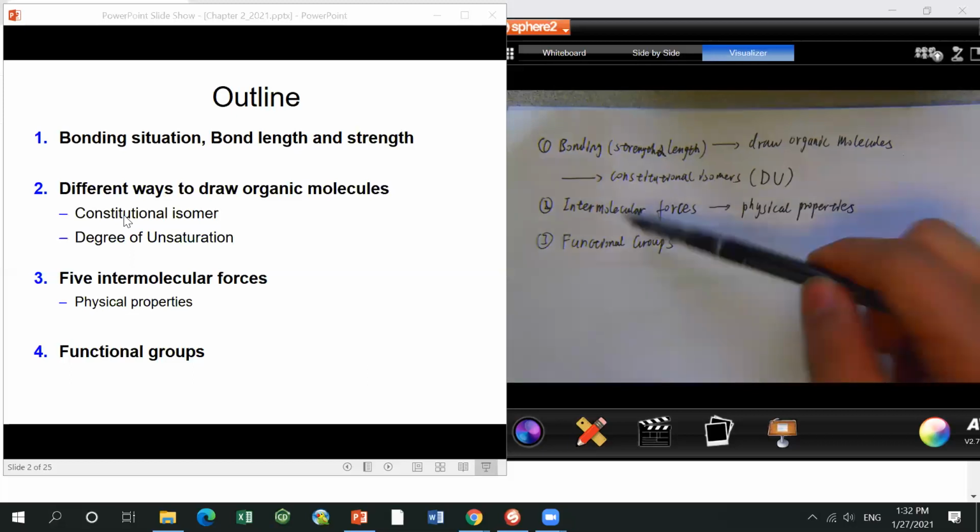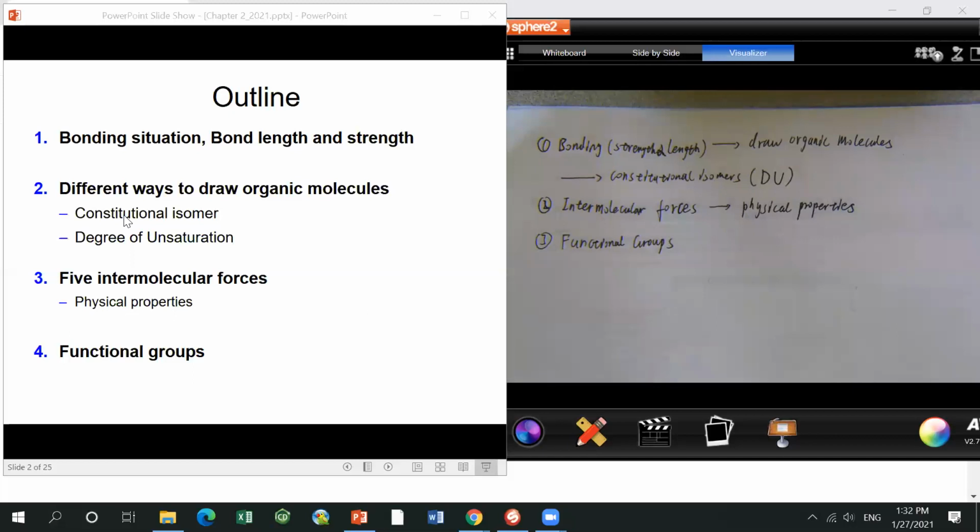These three blocks have only a loose relationship to each other, but our textbook puts them together, so we will study them in this chapter. The most difficult part of this chapter is constitutional isomers. I will show you a way to draw the constitutional isomers when given a formula.